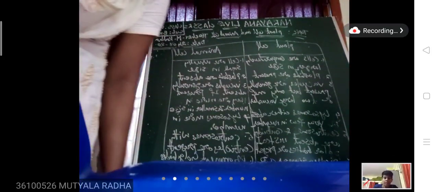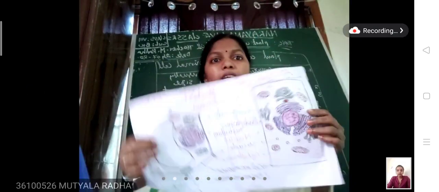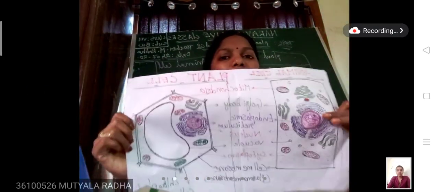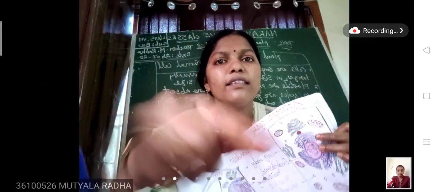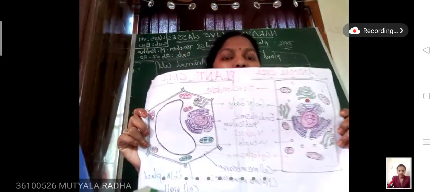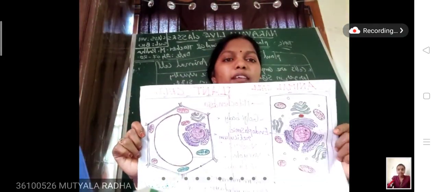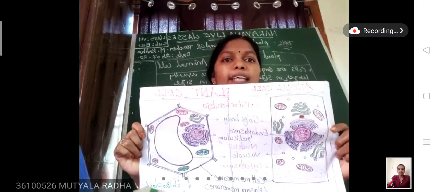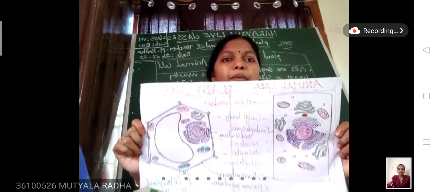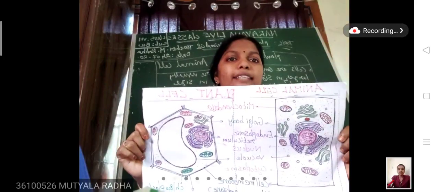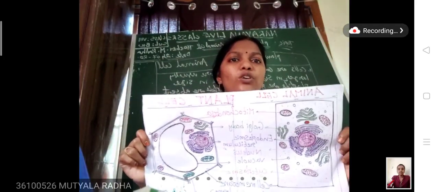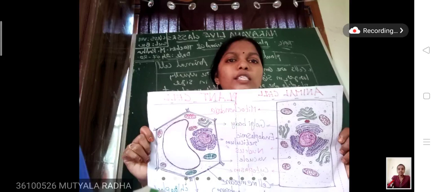Completed, Nana? See, both plant cell and animal cell contain cell organelles like Golgi complex, endoplasmic reticulum, mitochondria, chloroplast, vacuoles, lysosomes, ribosomes.